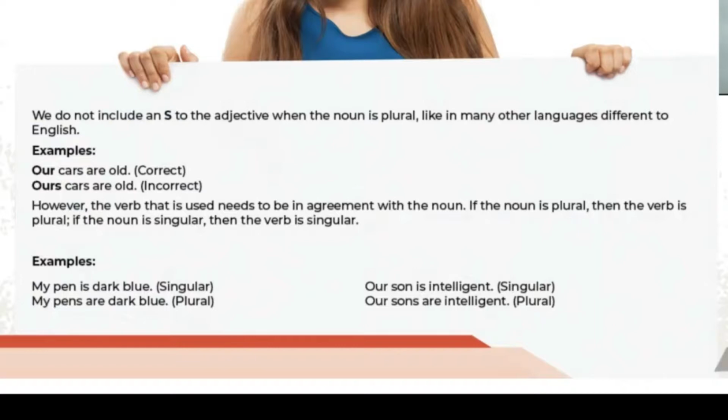If the noun is plural, then the verb is plural. If the noun is singular, then the verb is singular. Examples: my pen is dark blue, singular. My pens are dark blue, plural. Our son is intelligent, singular. Our sons are intelligent, plural.